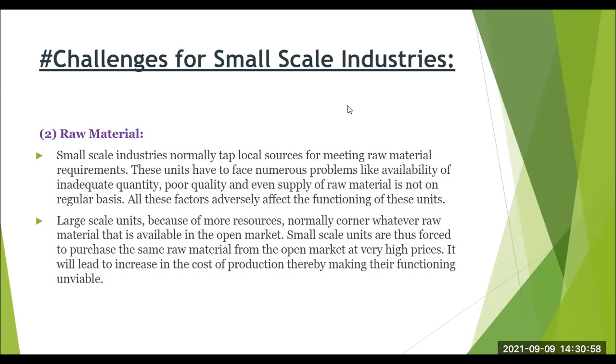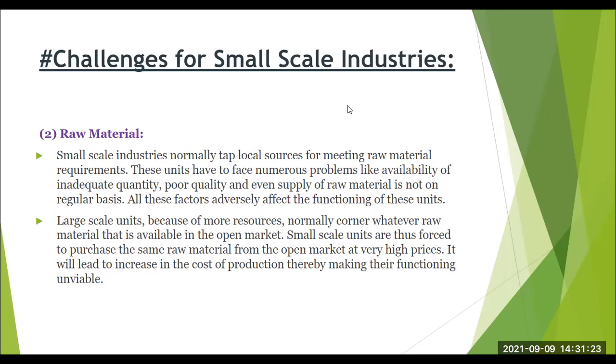Small scale industries normally tap local resources for meeting raw material requirements, so they source raw material from the local areas around them, right? These units have to face numerous problems like availability of inadequate quantity, poor quality, and even supply of raw material not being on a regular basis.